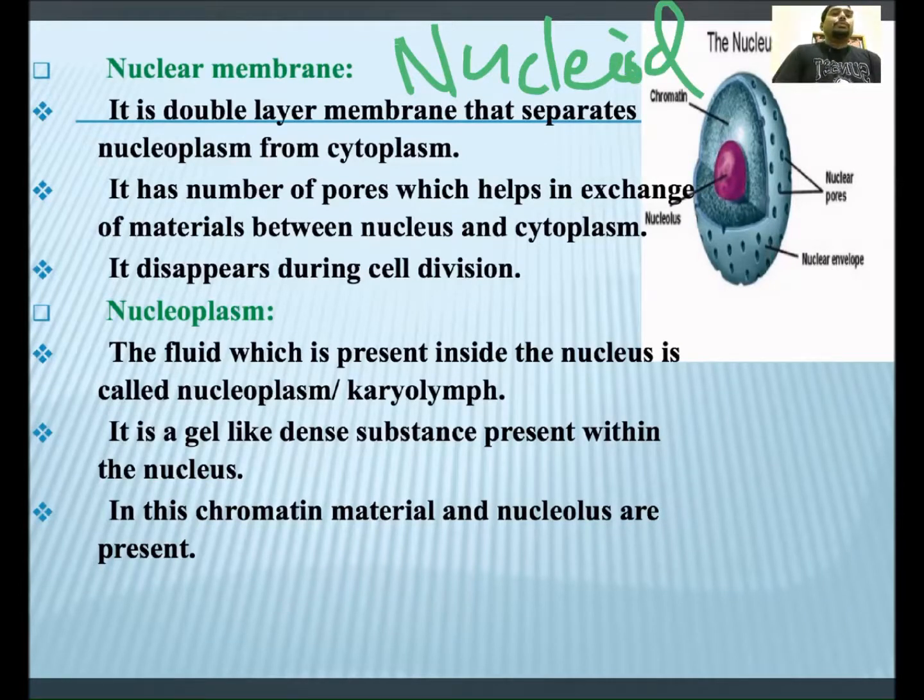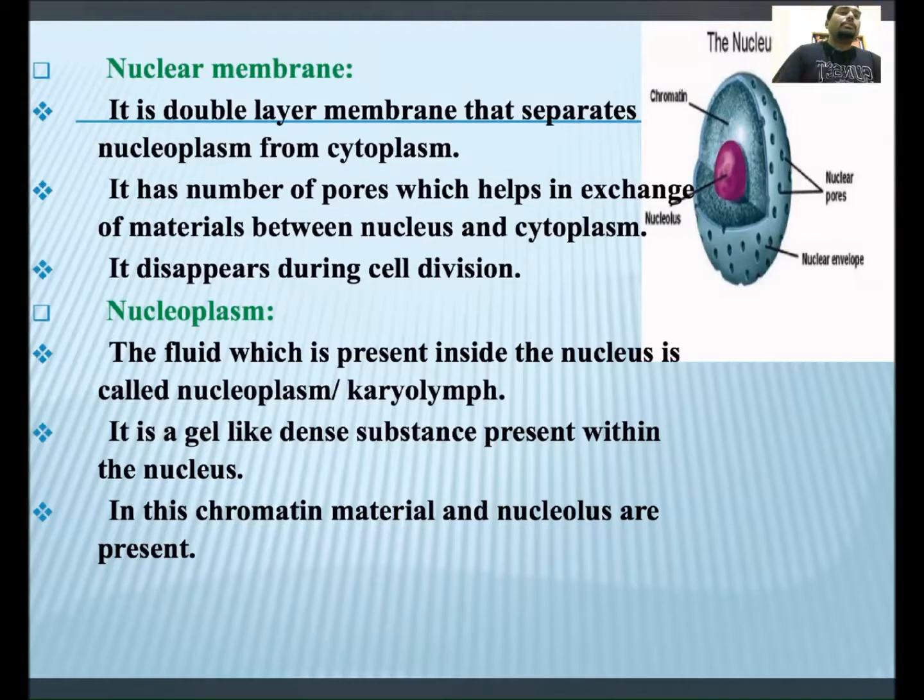Okay, so nuclear membrane is present in eukaryotes only. Those organisms which have a nuclear membrane in their cells are called eukaryotes. It is present in the cells of plants and animals and the higher organism cells.